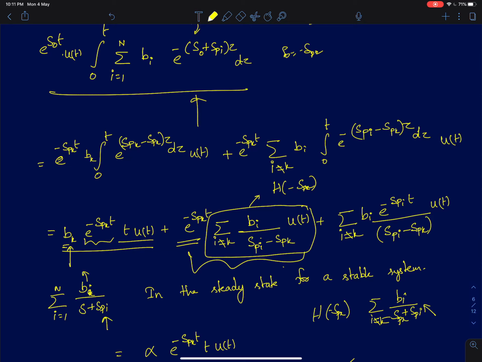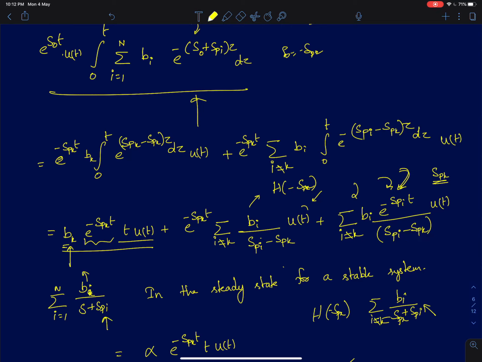Similarly, the third term here comprises exponential signals with the exponents equal to the poles of the system, except the pole s_pk. The summation here excludes the i equal to k term. So that's the only difference. In the previous expression, this term was absent, and we used to have i equal to k in both the second and third terms.